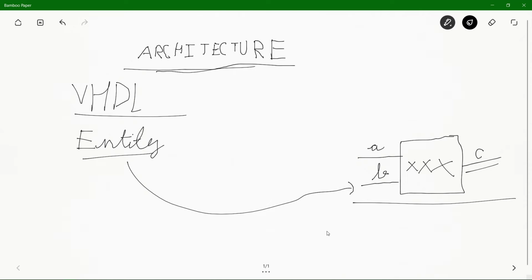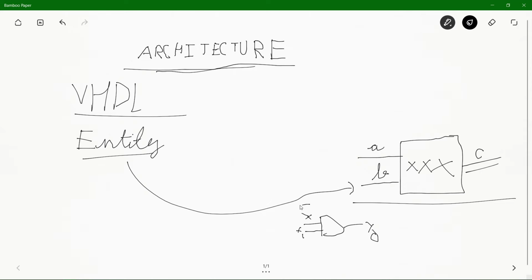But in the previous example, I have taken the example of an AND gate. We know that our AND gate will be looking somewhat like this, right? Our AND gate will be looking somewhat like this, and this will be one input, this will be another input, this will be the output.